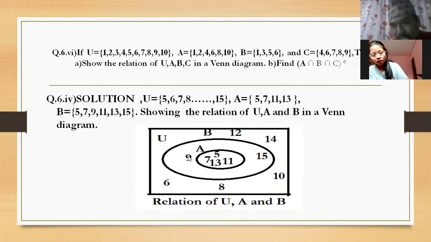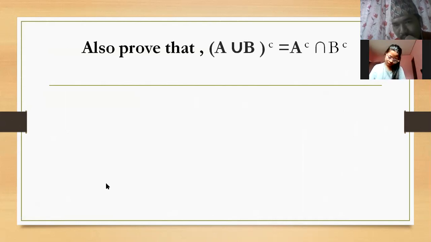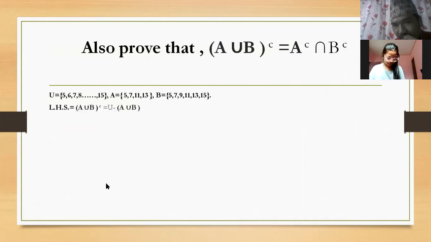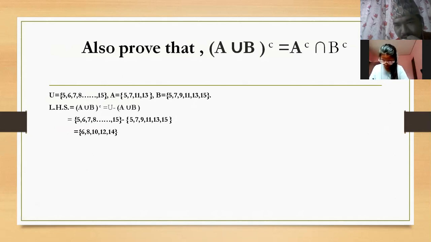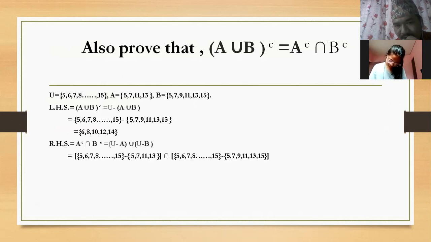Okay, when you show the relation of set A and set B, we have to show like this. After that, we have to look here, find out this one. Look here, children. I have shown here A union B, look, A union B complement. Find out, and then find out A complement intersection B complement. Look there. Here there should be intersection.